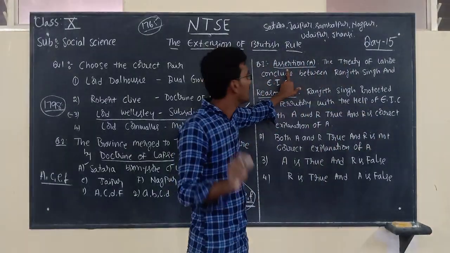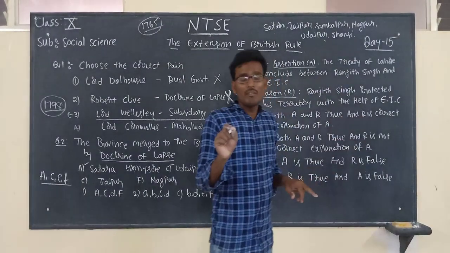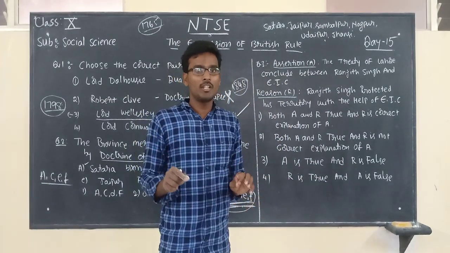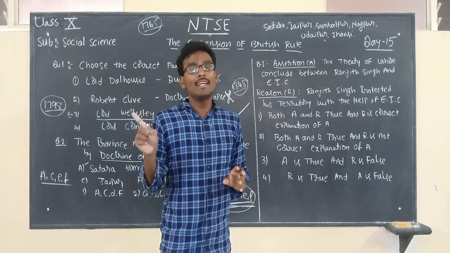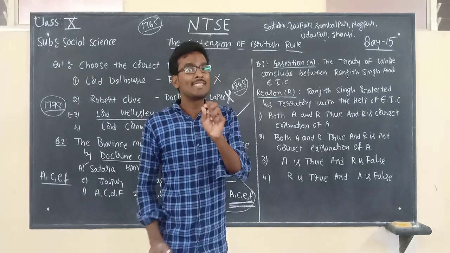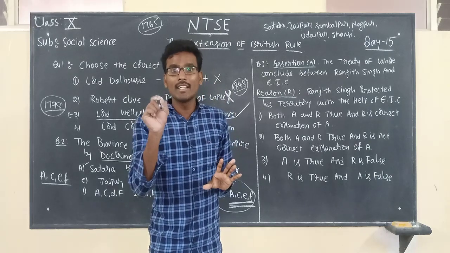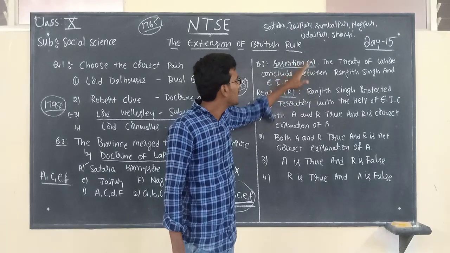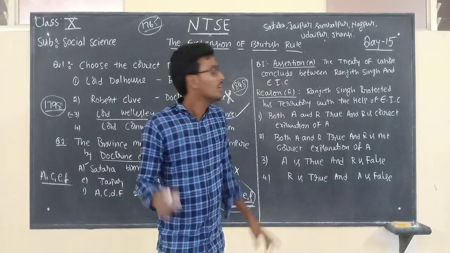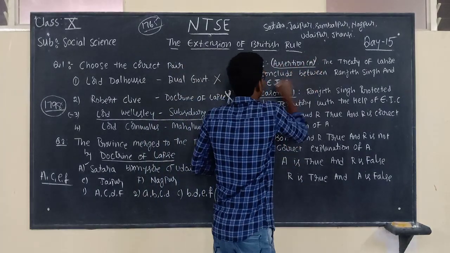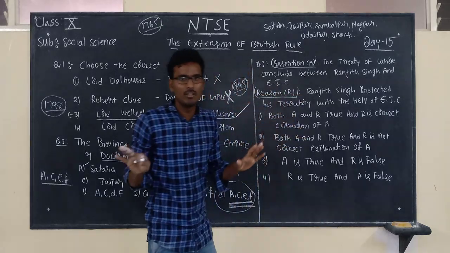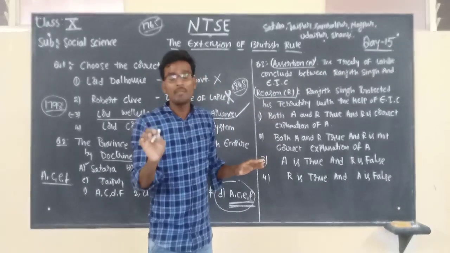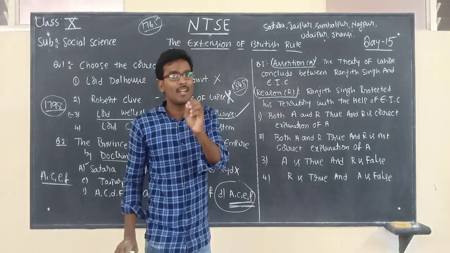Listen, whenever we give answers for assertion and reasoning type questions, in the previous classes I told you some techniques, right? The first technique is, first of all, we have to read both statements individually. First of all, remove the words assertion and reasoning. Don't consider the words, and read the two statements individually and identify whether each is correct or not.